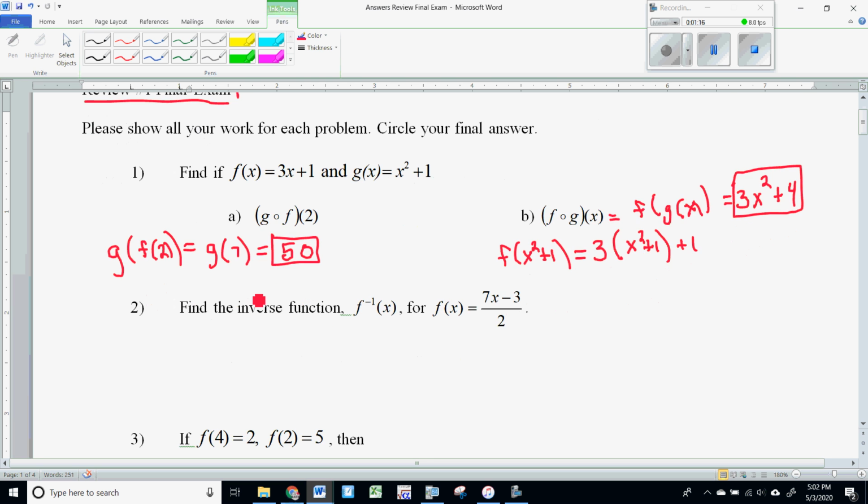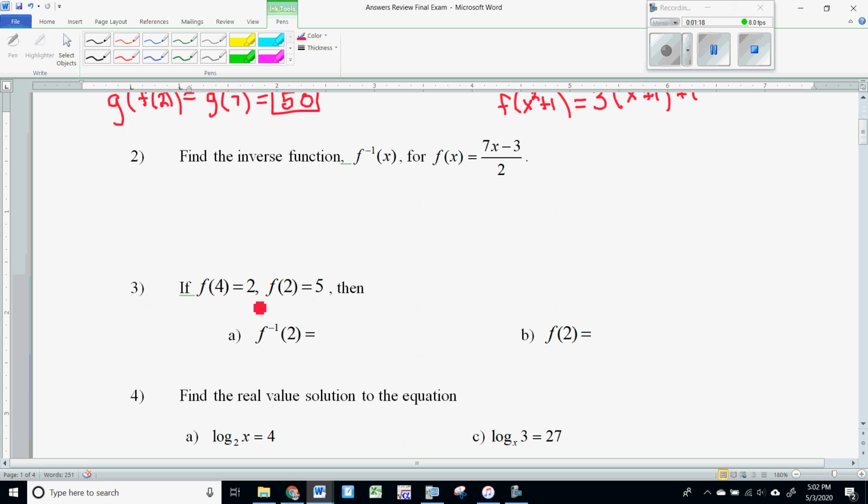All right, number 2, find the inverse. If you remember, to find the inverse, first we have to check if it's 1-to-1, and this is, so we're okay there. Our first step is to switch our x's and our y's. And then after I've switched the x's and the y's, I want to solve for y. So I'm going to multiply by 2 to get to 2x.